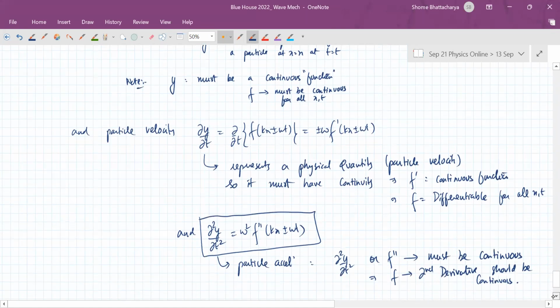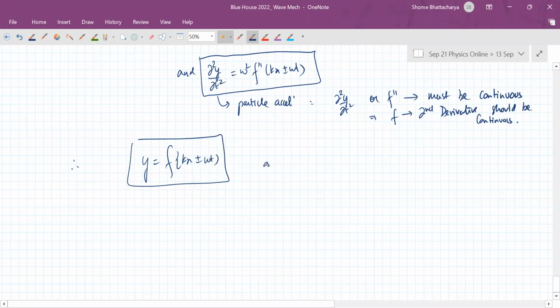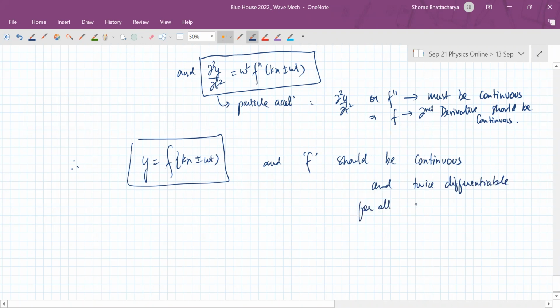So we summarize all this by saying that y should be a function of this type, where the argument of the function is linear with respect to x and t, and the function f should be continuous and twice differentiable. That means the first derivative and second derivative are both continuous for all x and t.